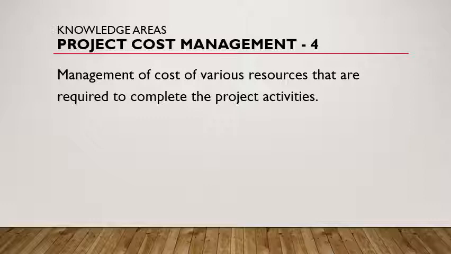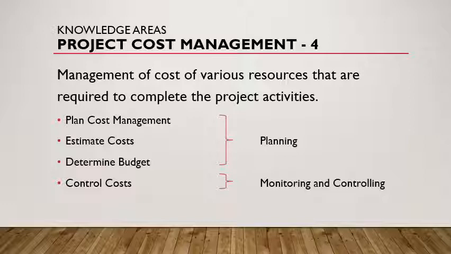Next knowledge area is project cost management, which needs attention in 4 of the processes out of 49 processes of project management practice. Management of the cost of various resources that are required to complete the project activities is the goal of cost management. This cost management has to be given attention in these 4 processes.